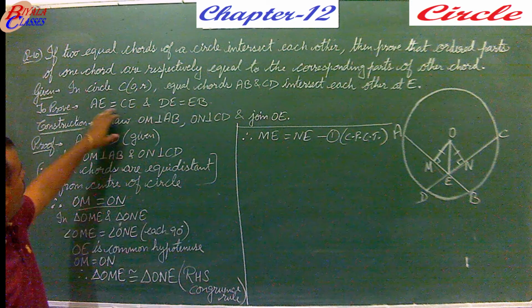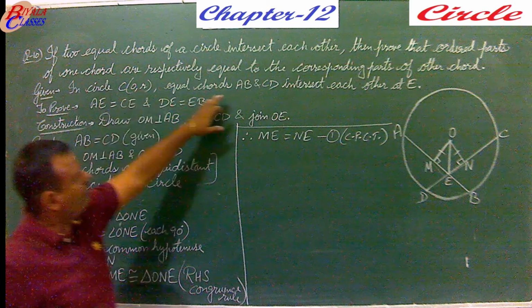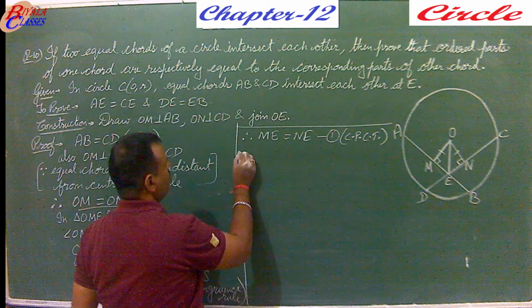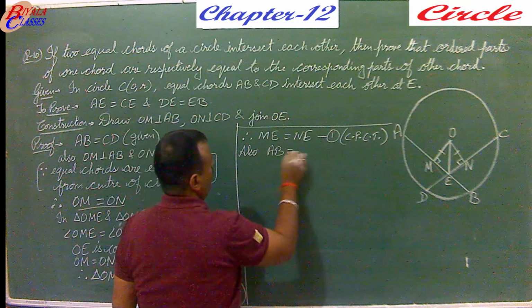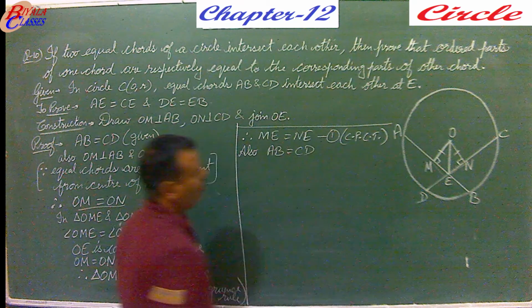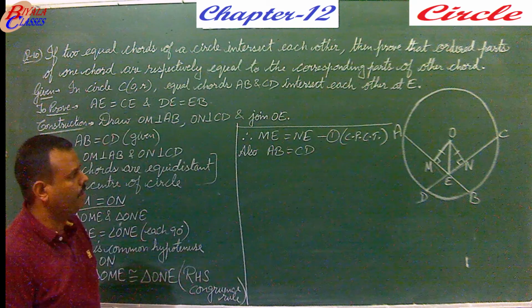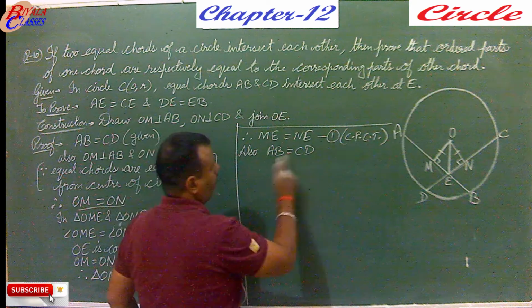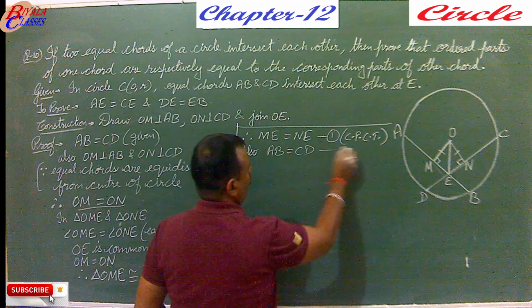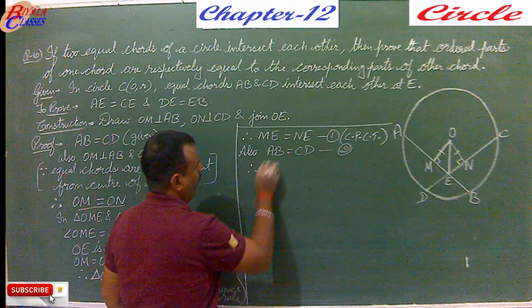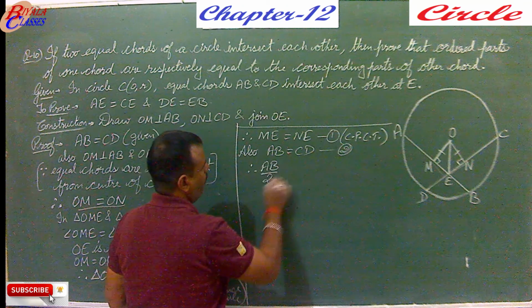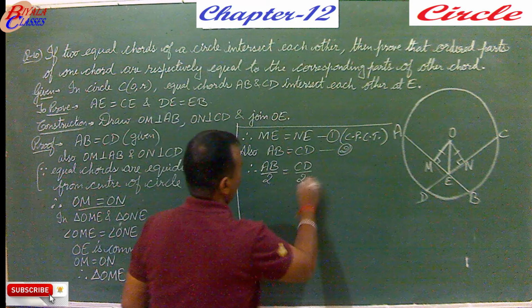Now what is given to us? We are given two equal chords AB and CD. Also AB is equal to CD. This is given. Now if AB and CD are equal, then half of them will also be equal.